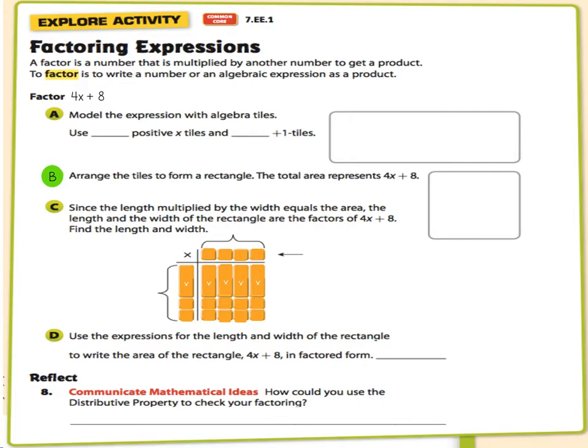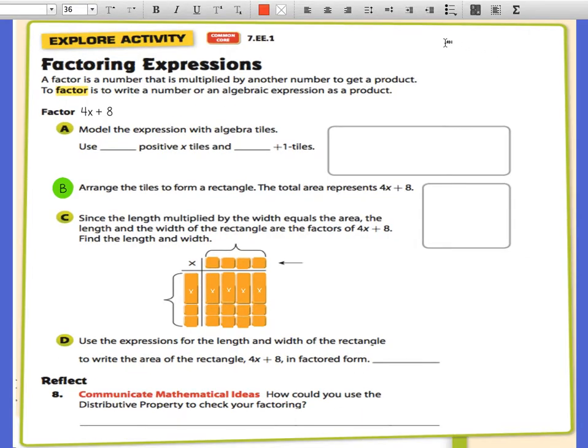So when we're factoring something, think about if I were to talk about the factors of 6. The factors of 6 are how I can break it apart into a multiplication problem. So the factors of 6 are 1, 2, 3, and 6.